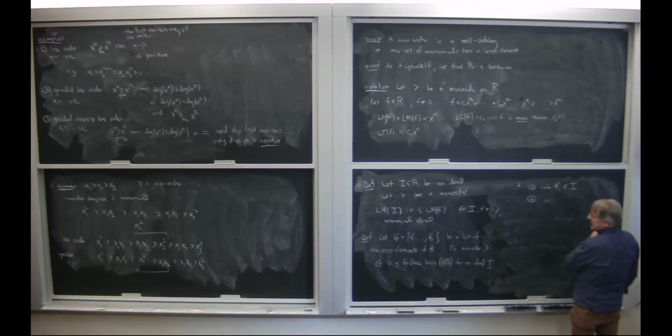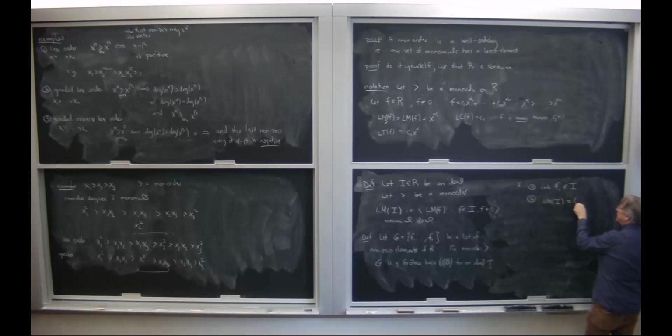So how do I say that? Then if I look at the lead monomials of I, that's an ideal, that is equal to the ideal generated by the lead monomial of F1 all the way up to the lead monomial of F sub r. Okay. So certainly the f sub i are in there, so certainly each of these lead monomials is in here. The hard part is that it's a Gröbner basis when that's it and everything is there. So as long as this does that, that is a Gröbner basis.